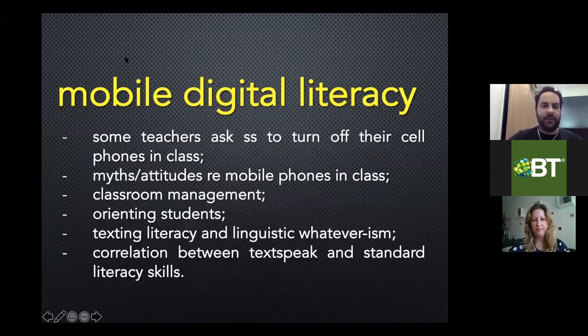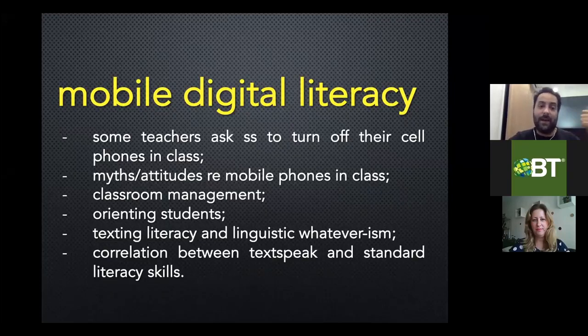So here, a few things to consider as teachers would be, we sometimes ask students to turn off their cell phones in class. Many times our belief that they should turn off their cell phones is the school policy, but is it really the best thing to do, or should we be maximizing the fact that they have access to this and that there is, you know, a plethora of things they could do with that?